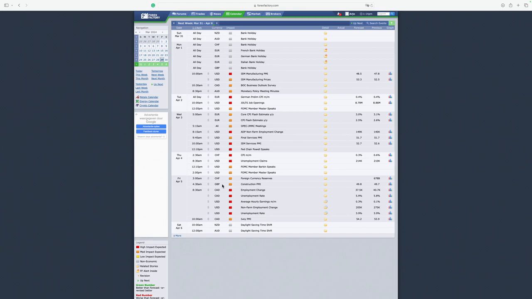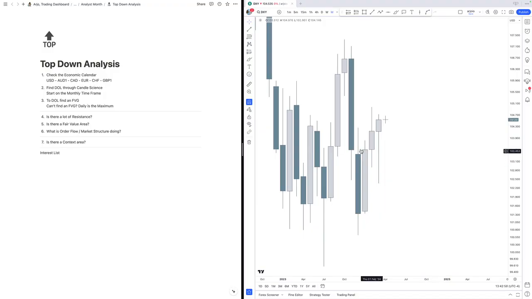So let's go back to the chart. Now, back in Notion and on TradingView, I have written down "check the economic calendar". I have US dollar, Australian dollar 1, Canadian dollar, euro, CHF, and GBP 1 as well. Why have I written down that 1?